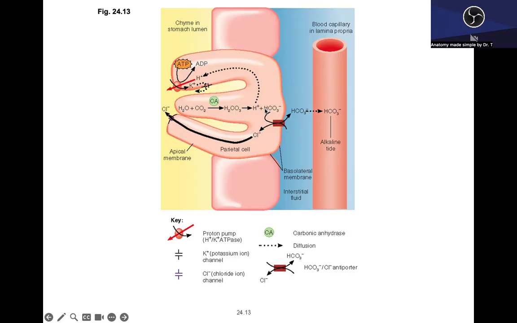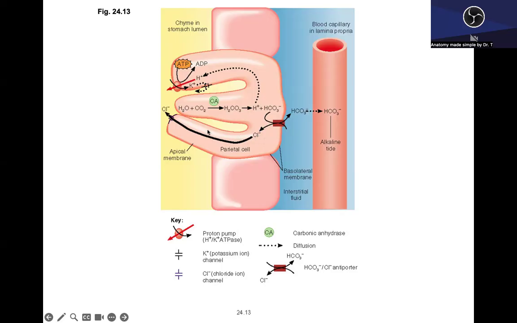Obviously, we're going to get rid of too much bicarbonate ion by allowing importation of a chlorine ion into the parietal cell. However, chlorine, as it comes in, builds a little bit of extra reserve of chlorine in the cell, which the cell by itself doesn't need.